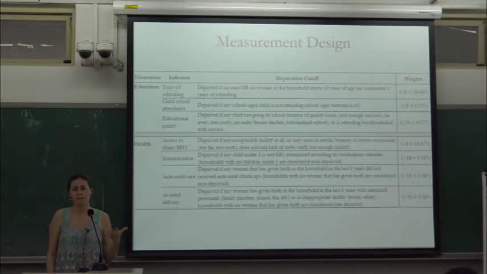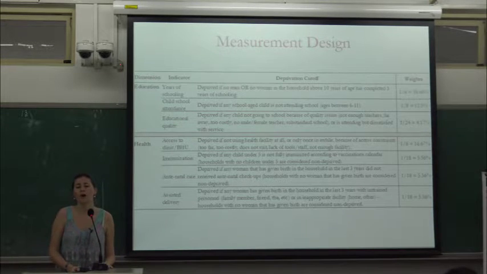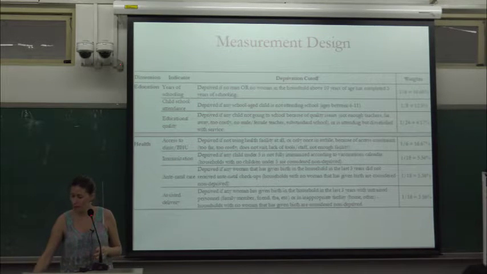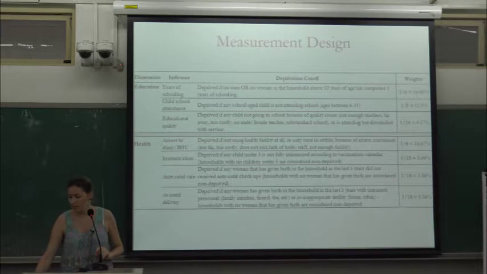And the final one is, again, for these women that have given birth in the 3 years previous to the survey, whether or not they were assisted by trained personnel, by a trained doctor or nurse, when they were giving birth to their babies. This depends on details about the weight. Yes, I'll come back to that in a second.